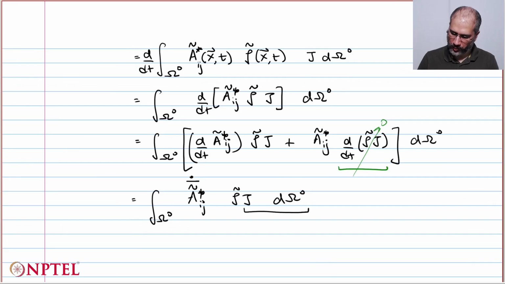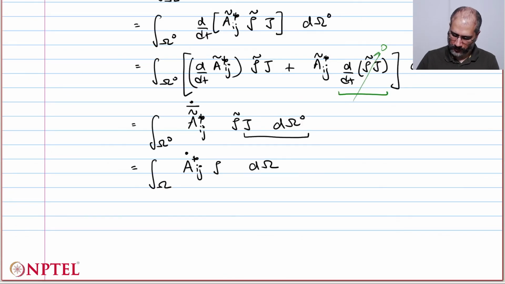And j times d omega naught is a d omega. So we will transform everything back to the current configuration. So A tilde now becomes an A again, but it still has a dot on top, times a rho, and this was d by dt of the quantity P, which is the extensive quantity at a given time t.